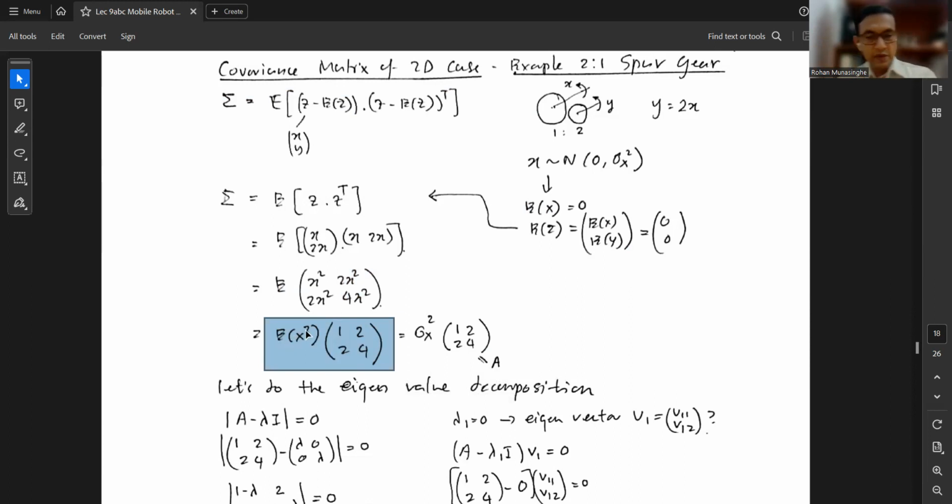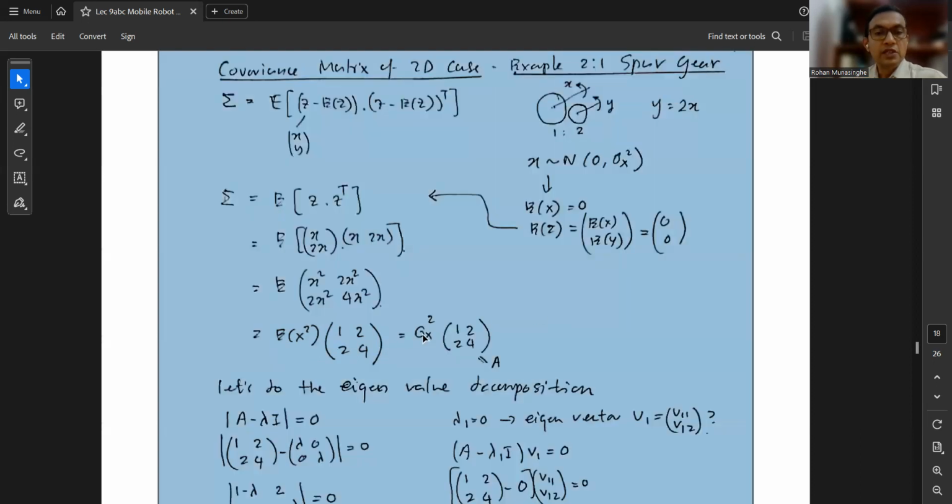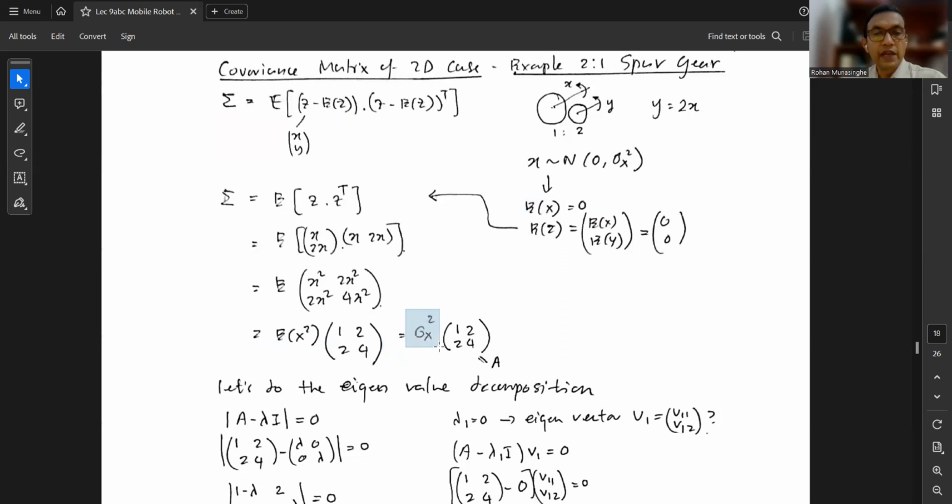X square is the error square. All of the errors you try this for 1,000 times, million times, you get different errors, square them, add them together, divide by the number of samples, and that is your expected value of the error. And for this gear wheel, there's a finite value for that. It's not 0. So that is sigma X square. Okay.